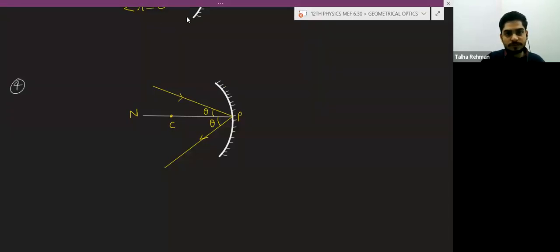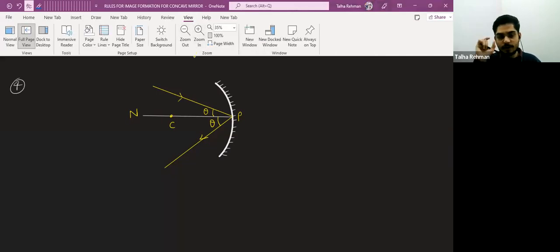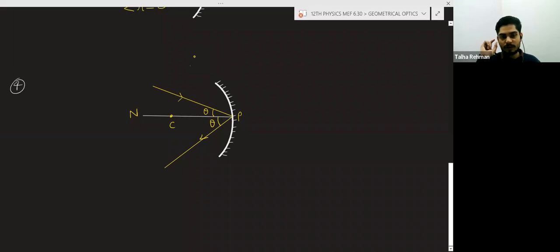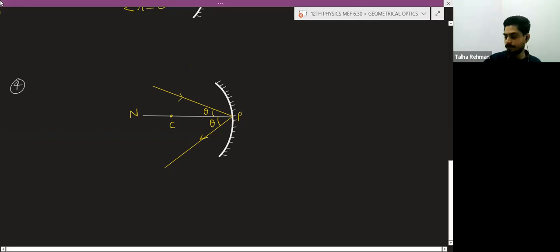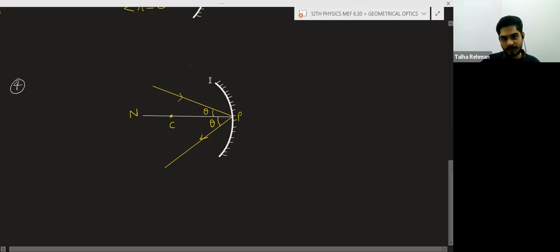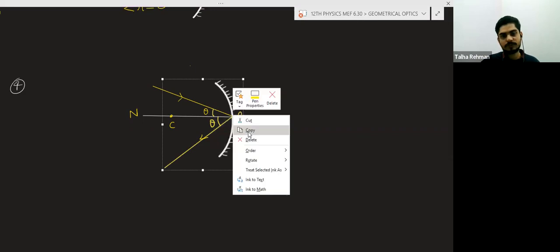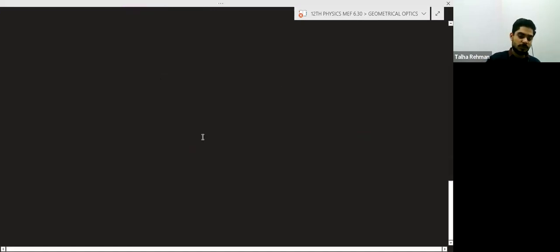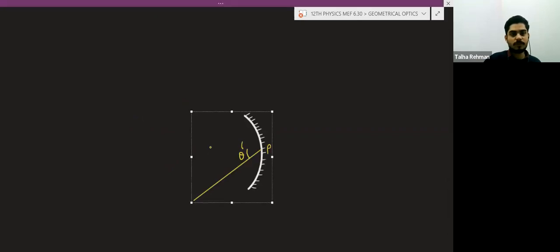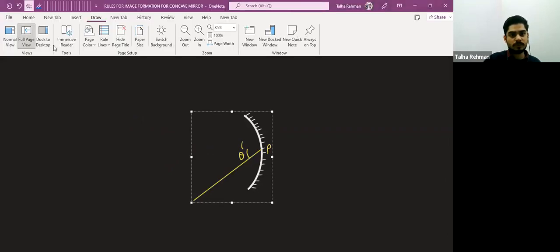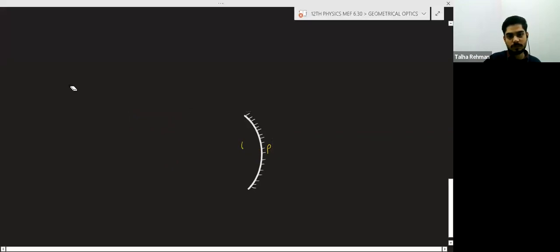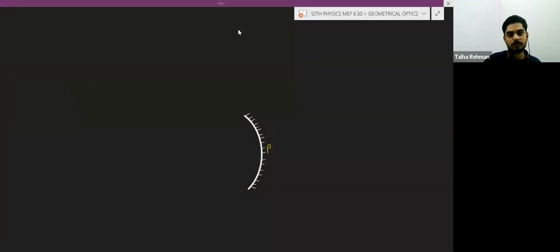Okay, so now we will have a concave mirror. Now what we are going to do basically. This is a concave mirror.